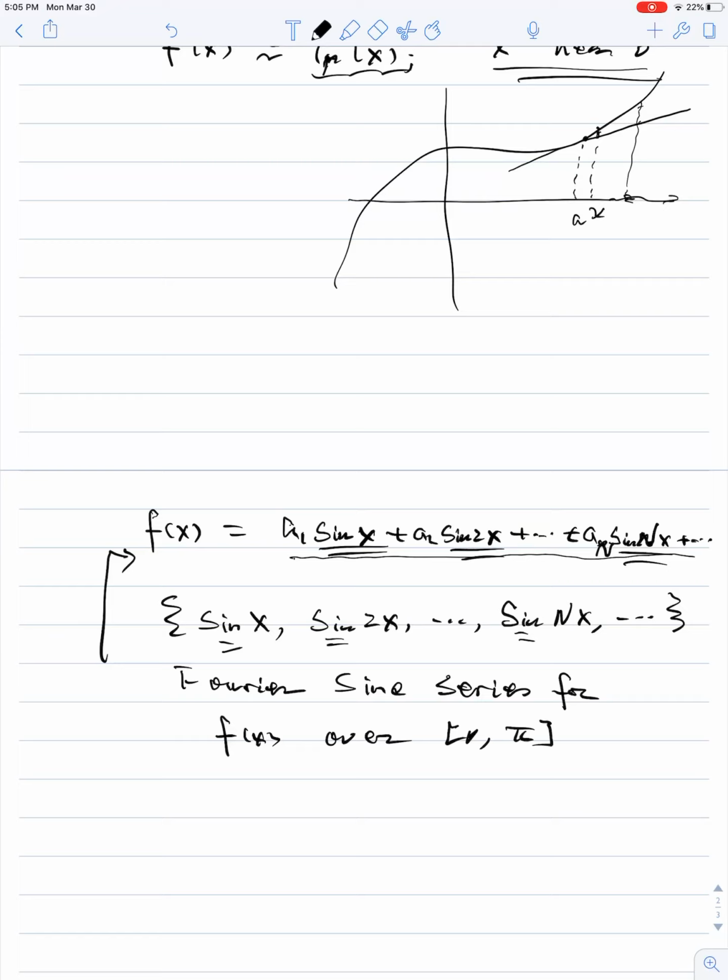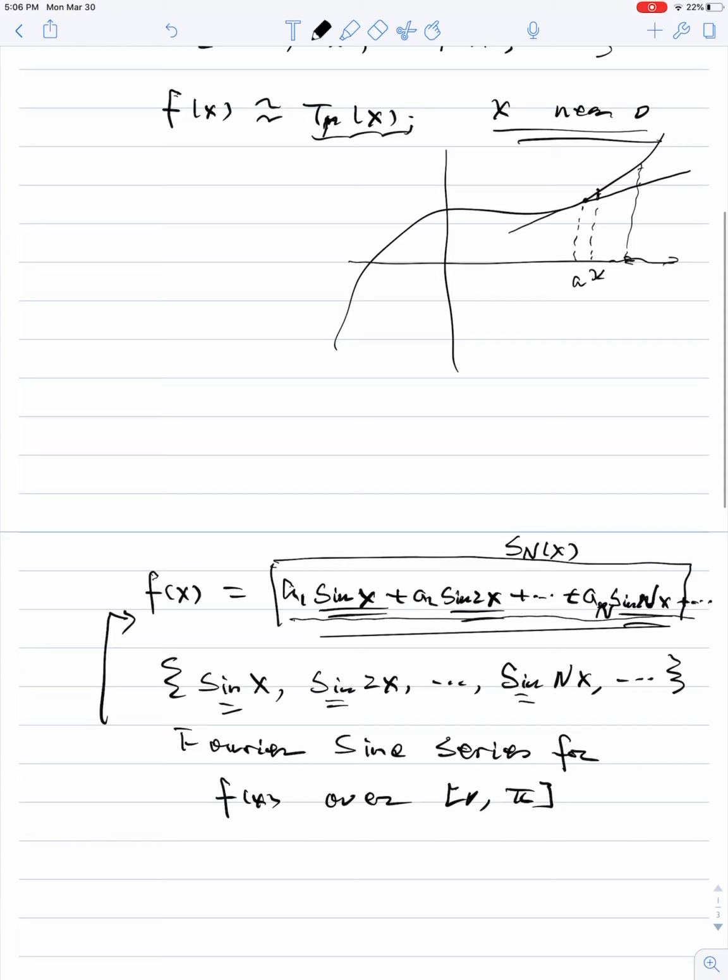Now if we look at the sum of the first n terms, one of the fundamental differences is that this approximation, as we use n to approximate f, would actually be a good approximation in general.